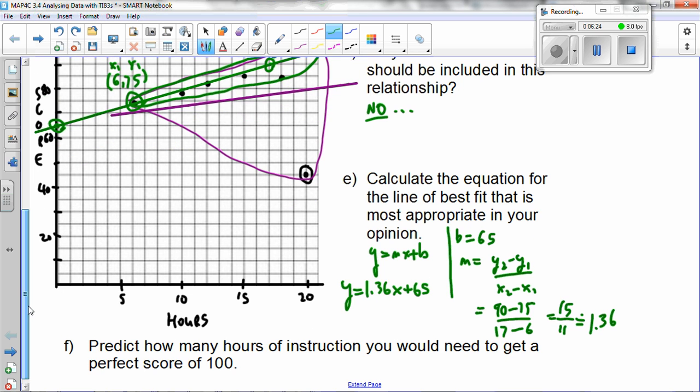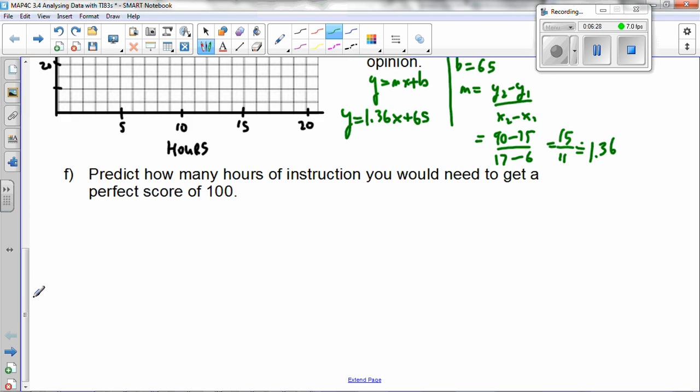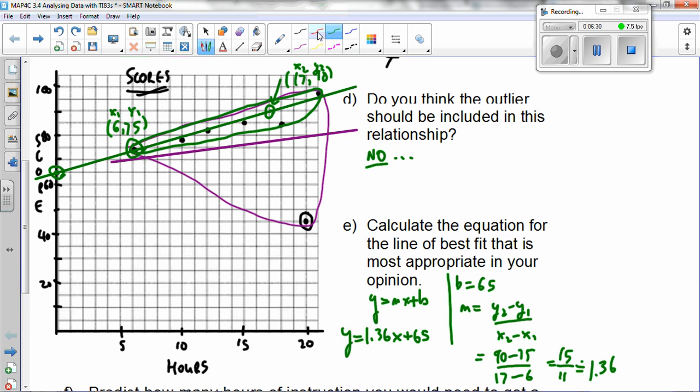Predict how many hours of instruction you would need to get a perfect score of 100. We could just do it in the graph, right? We could just go, where's 100? Bounce off whichever line of best fit you think is smart, and then go down. So if I use my graph, it kind of goes off the graph, but maybe about 24.